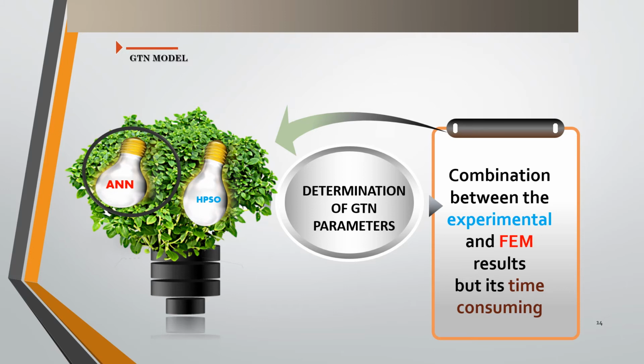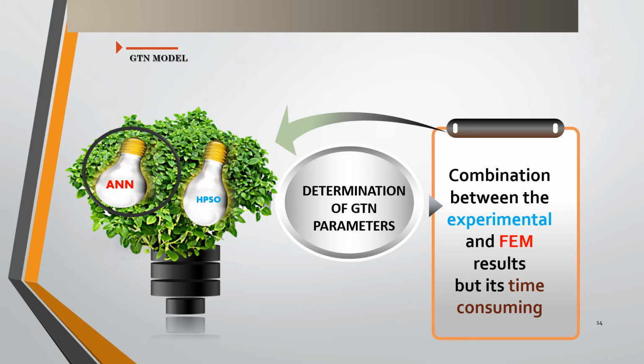So how could we determine these parameters? I'm not going to go deeply into this topic because this is not the purpose of today, but I would like to mention that the most known method is the direct way, which is the combination of experimental and finite element results.